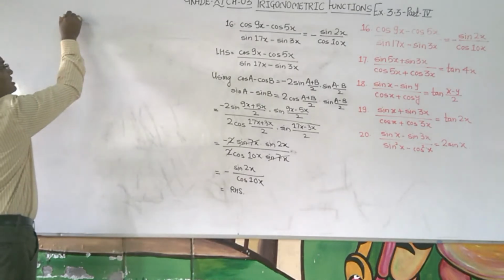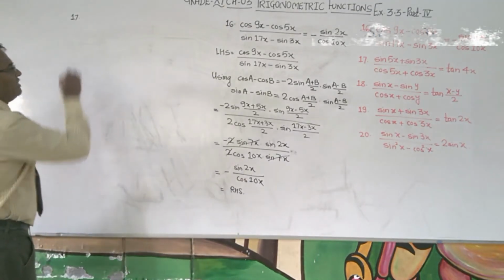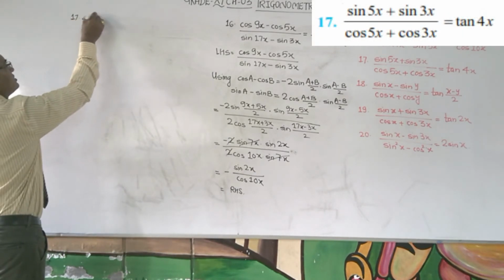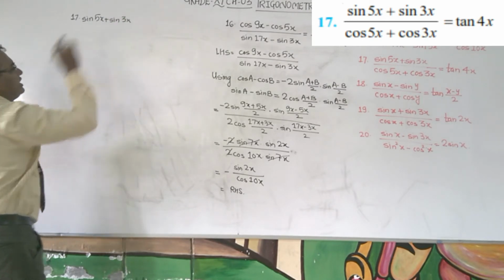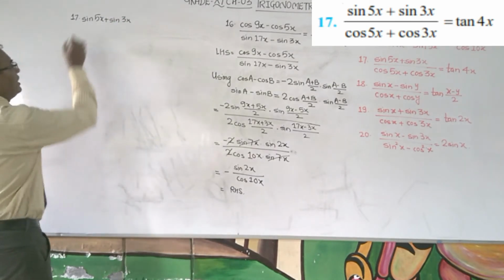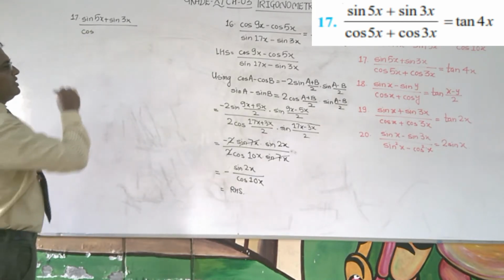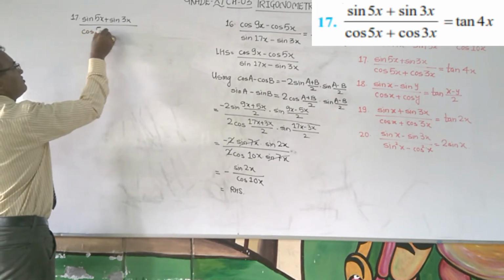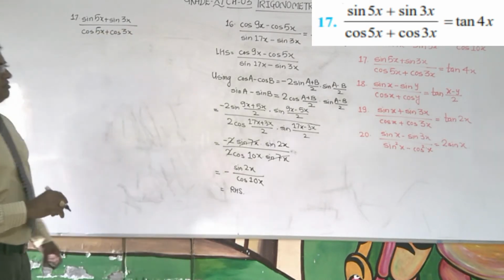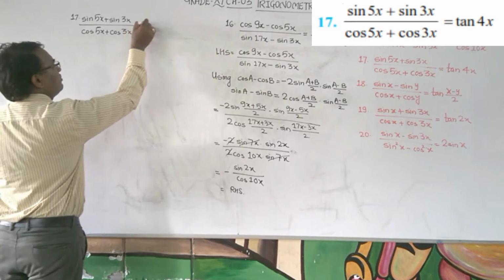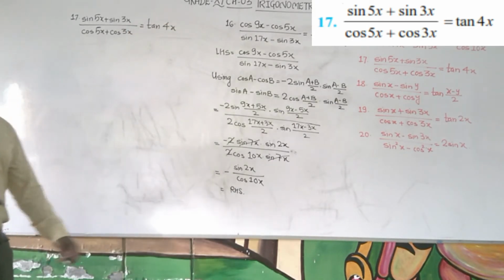Yes. Okay, so the sum number 17, let me write the sum number 17. Sin 5x plus sin 3x, okay, divided by cos 5x cos 3x, is equal to, we have to prove this LHS is equal to tan 4x.